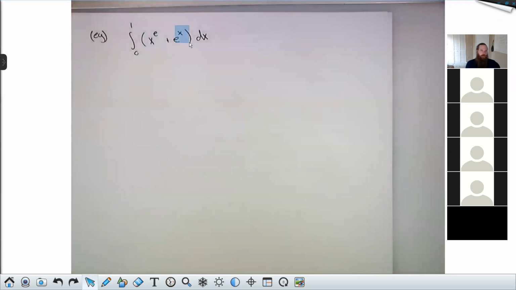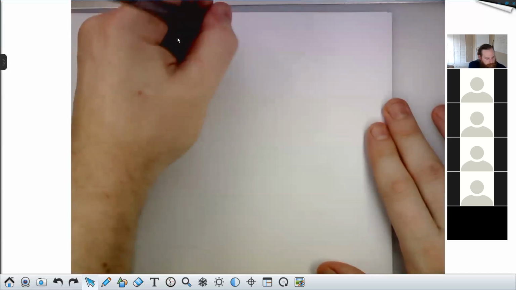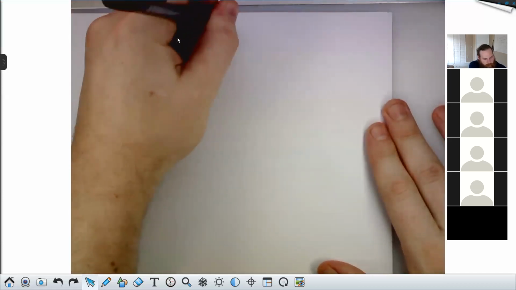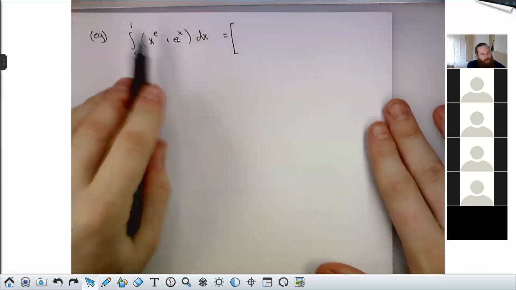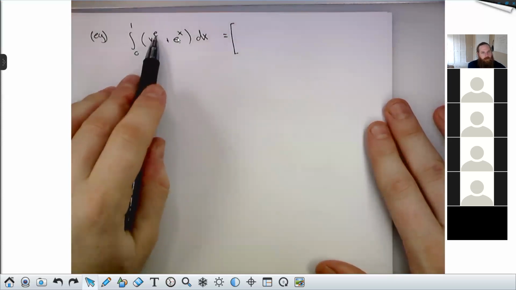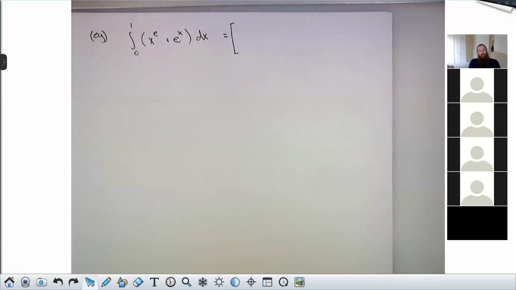Neither of these are even nor odd, so I can't use any of my symmetry exploits. So it's just a matter of finding an antiderivative. Can anybody help me find an antiderivative for x to the e? Wouldn't it just be x to the e?